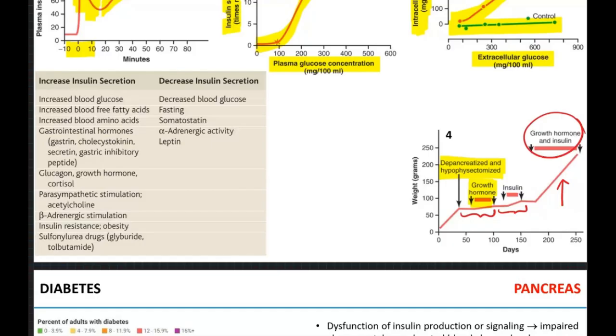So what can stimulate insulin? It's an anabolic hormone. So increased blood glucose, increased blood fatty acids, increased amino acids. All of these are coming from food. Basically, insulin spikes after the food. Hormones that are produced in response to food.